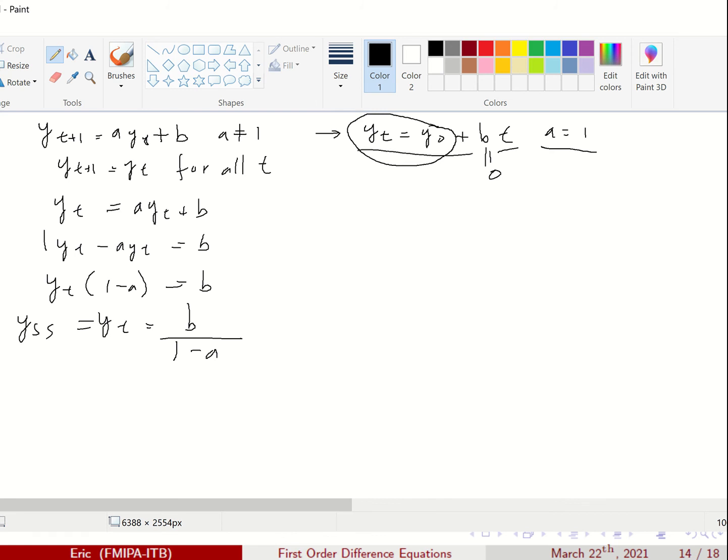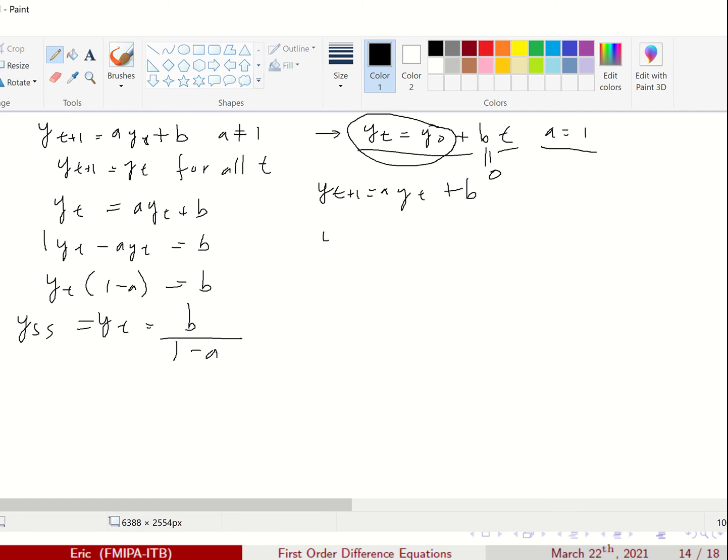So you already know what the steady state solution is and how to find one using the formula. But what does it mean? What does the steady state solution mean? Let's see the explicit solution of the general first order linear autonomous difference equation.